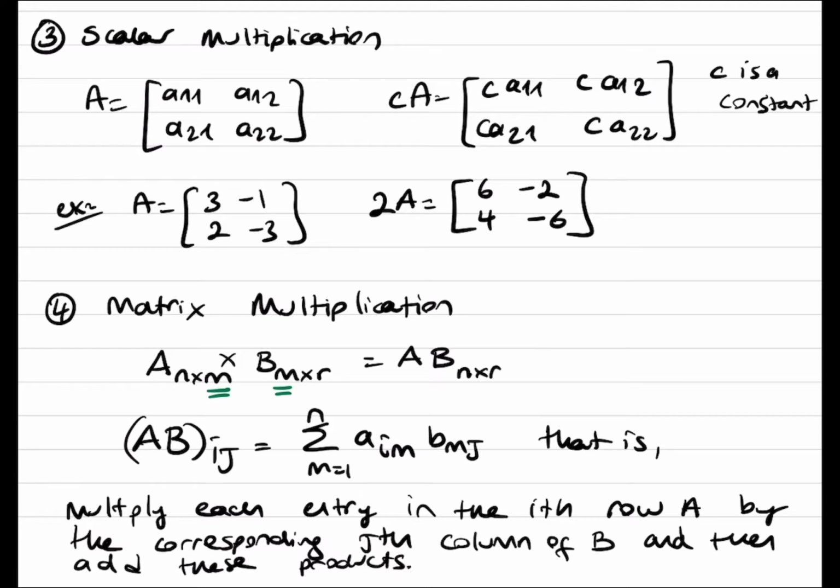Okay, and we get a new matrix AB is equal to, let's say, C. Let me do an example. So let's say that we have 2, 0, minus 1, 1 times... So this is a 2 by 2 matrix.